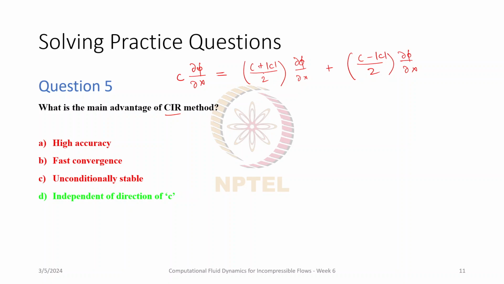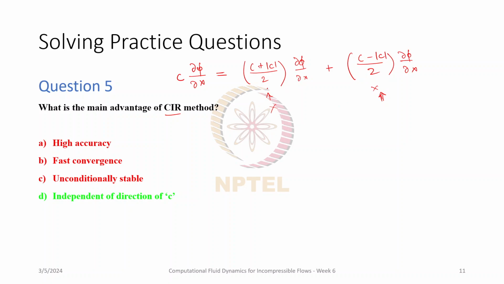Now, if C is positive, then this term remains and this term disappears. And if C is negative, then this term disappears and this term remains. So we now need to ensure that the ∂φ/∂x is taken in an upwind way in both scenarios.